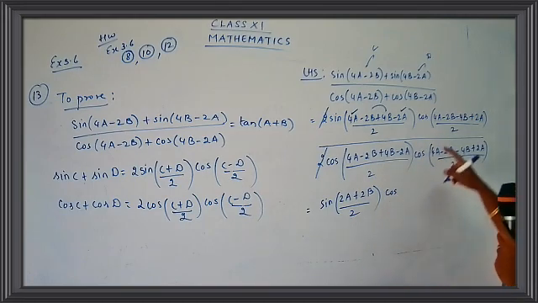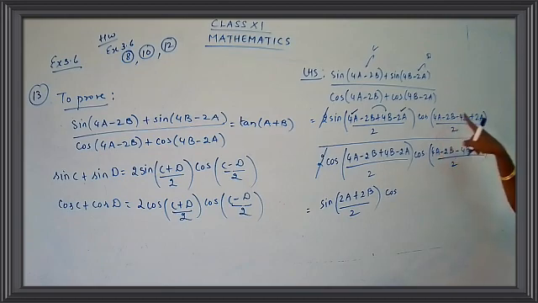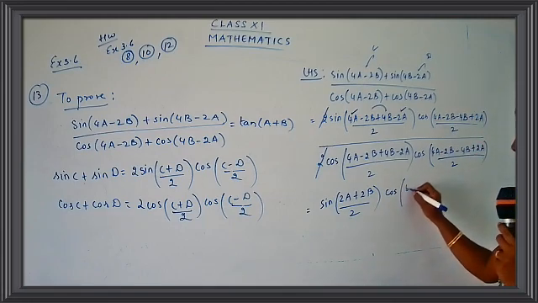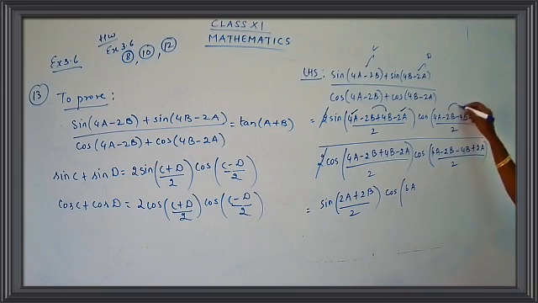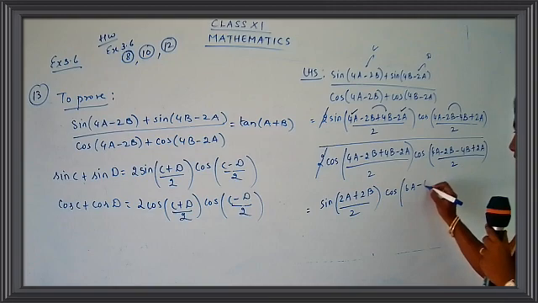Next, cos of 4a plus 2a. What is 4a plus 2a? 6a. Minus 4b minus 2b. Minus minus. What is minus minus? Minus 4 minus 2, minus 6b upon 2.